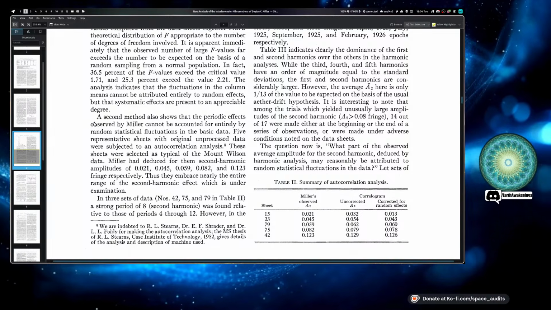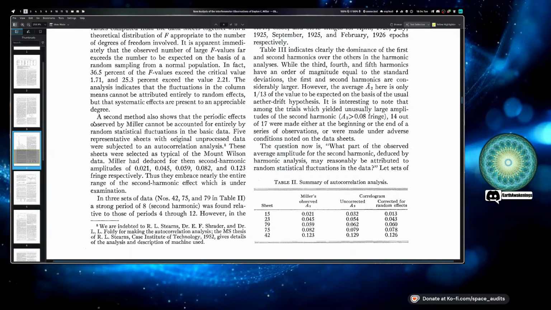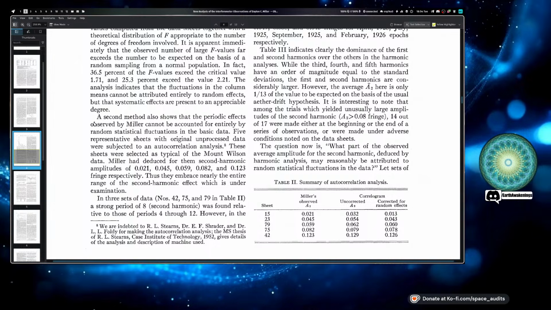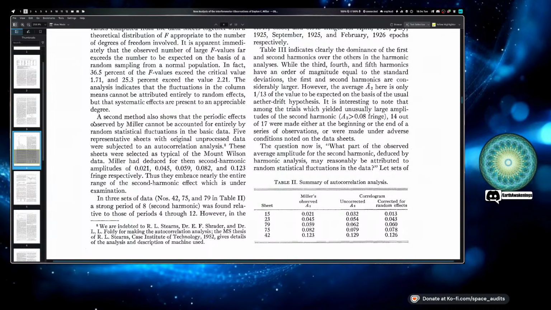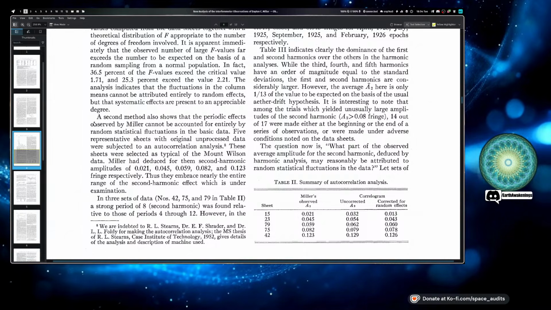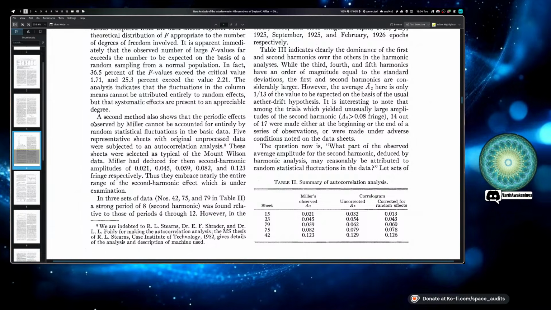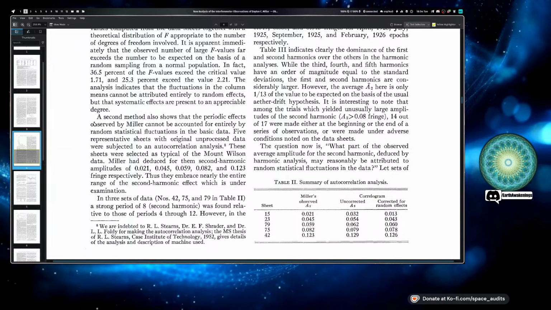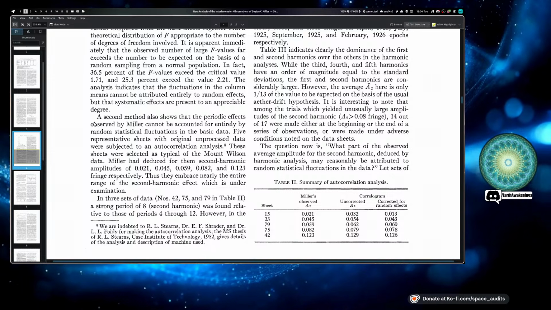A second method shows that the periodic effects observed by Miller cannot be accounted for entirely by random statistical fluctuations in the basic data. Five representations of the data sheets' unprocessed data were subjected to the autocorrelation analysis. These sheets were selected as typical Mount Wilson data.